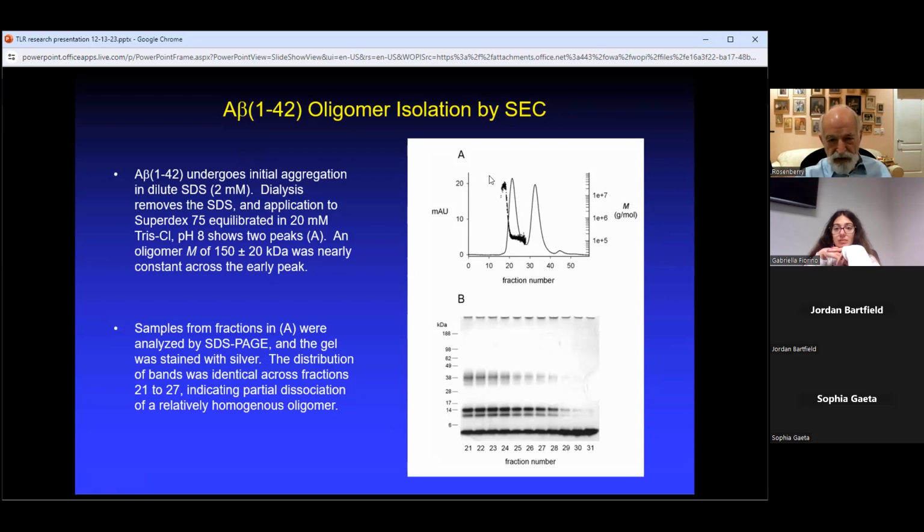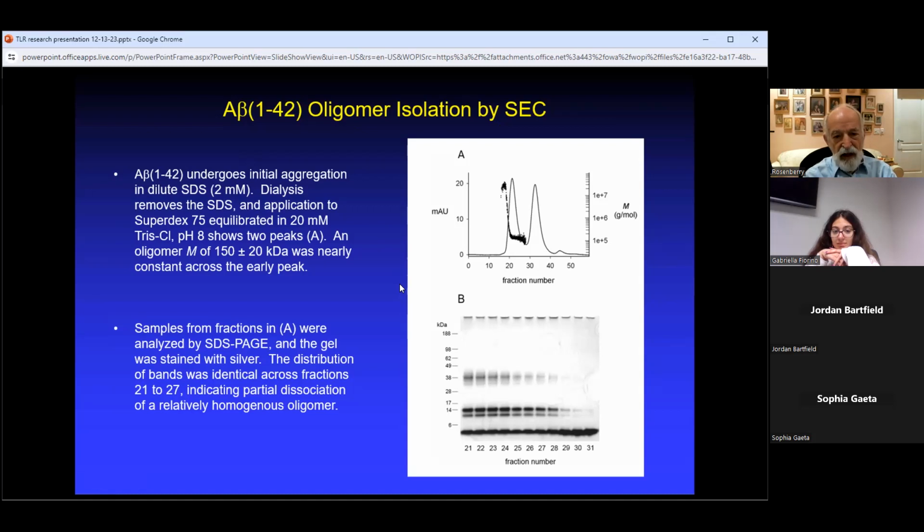It appears as a thicker line than the SEC absorbance units, and it tends to level out at a molecular weight of about 150 kilodaltons. So the conclusion of that first test on the left was that it was nearly constant across the early peak.